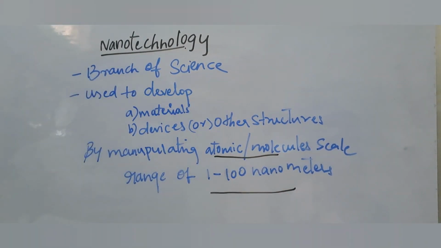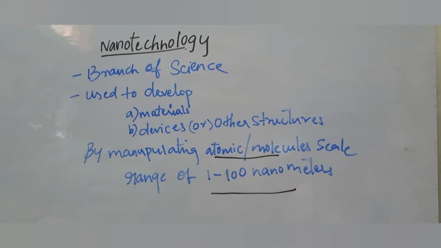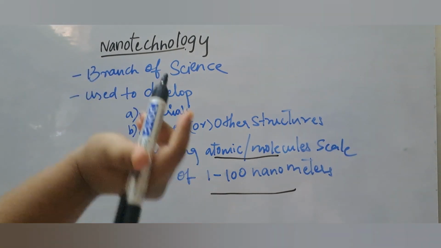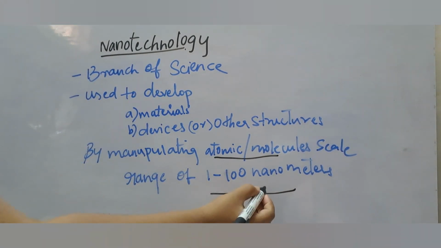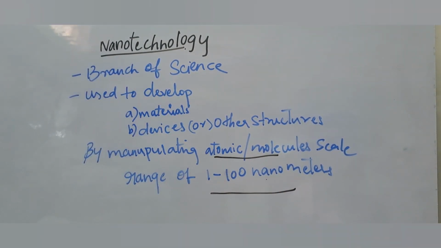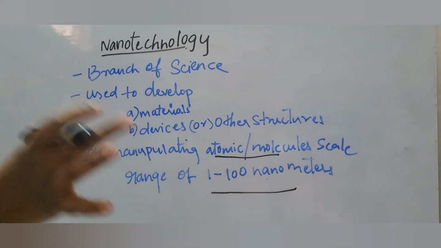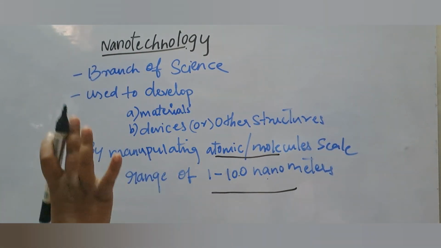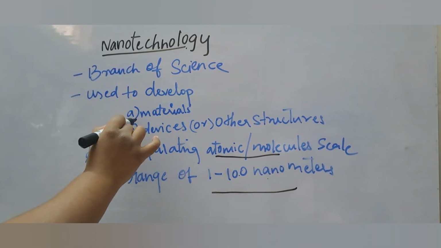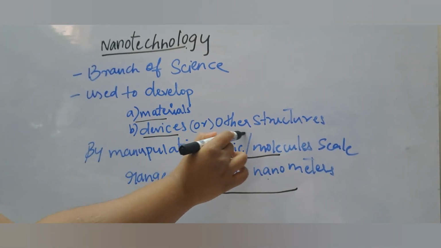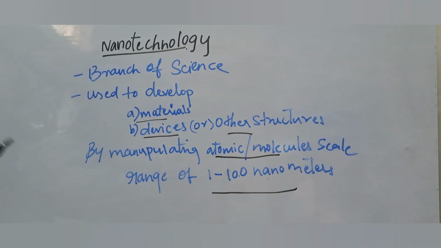So it is very clear that the atoms or molecules are manipulated in the range of 1 to 100 nanometers for developing materials, devices or other structures, and this is called nanotechnology.